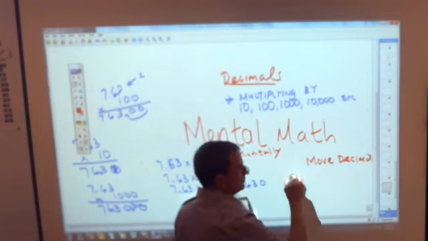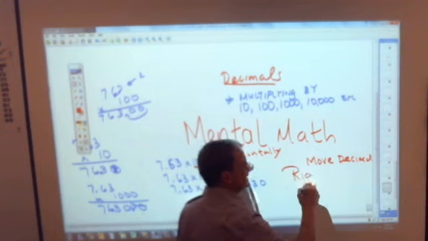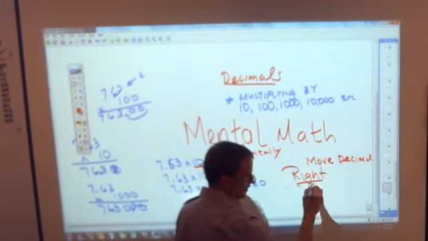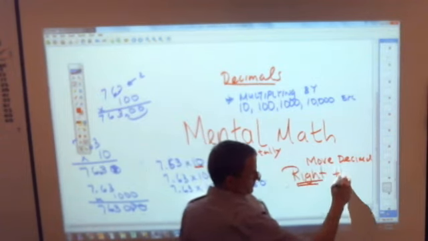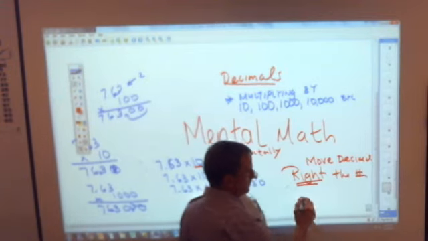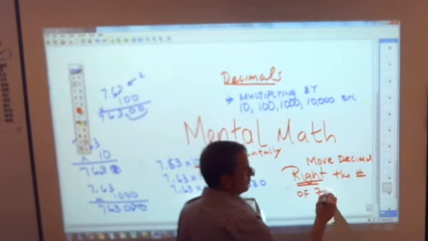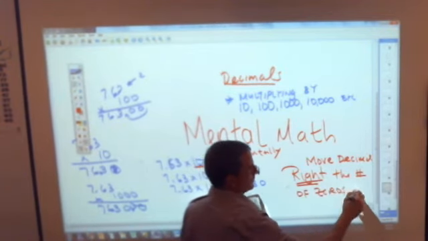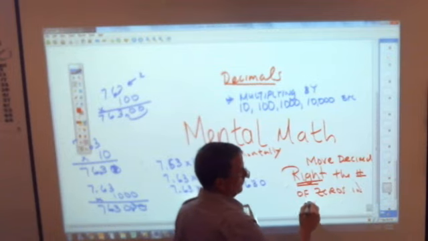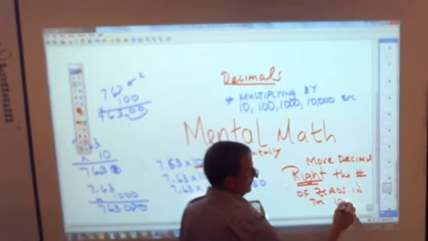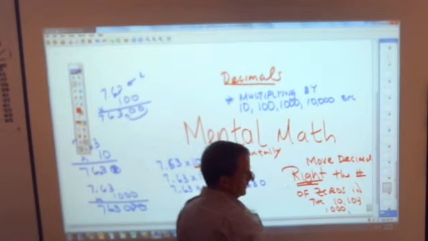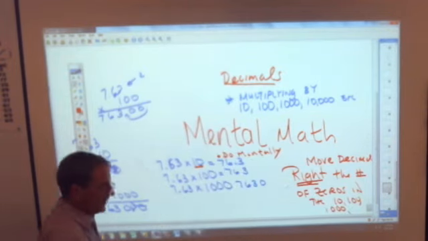Now it's important that you move it to the right, not the left, because that would be way wrong. The number of zeros in the 10, 100, 1,000. Okay, and again, this is mental math.